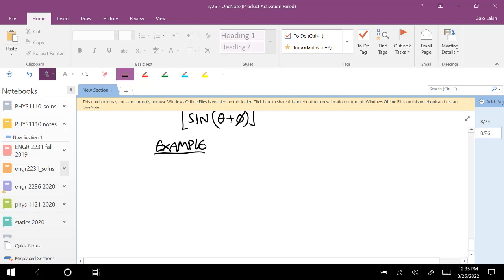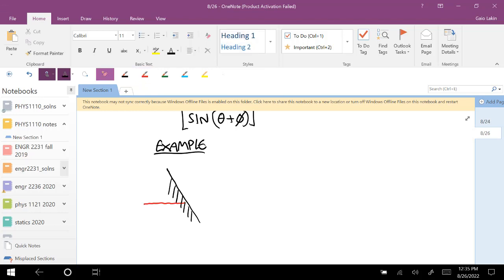Okay, so let's say that we have a wall, and we know that this wall makes an angle of 50 degrees with the horizontal.